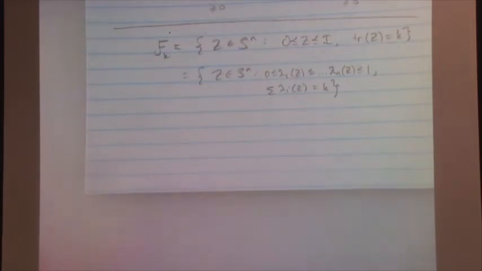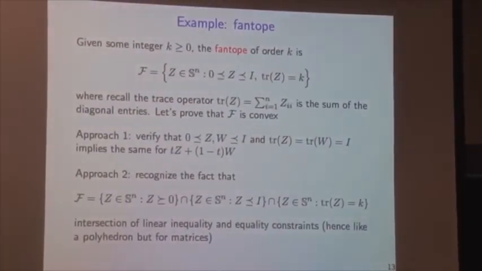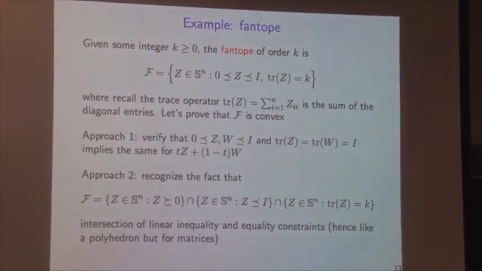It just follows from some of the properties of trace and positive semi-definiteness. Approach two, we recognize that it's the intersection of some convex sets, which we know is convex.